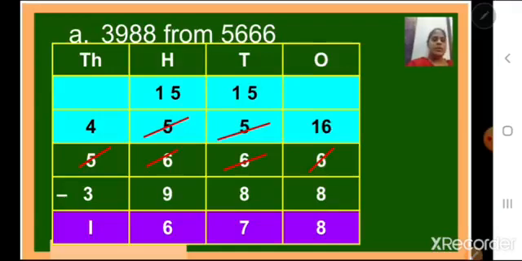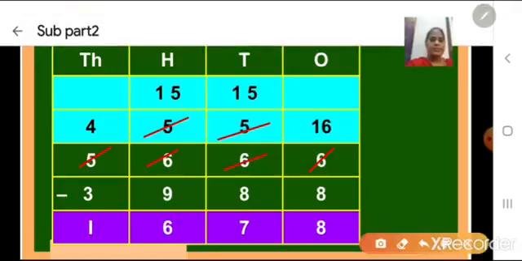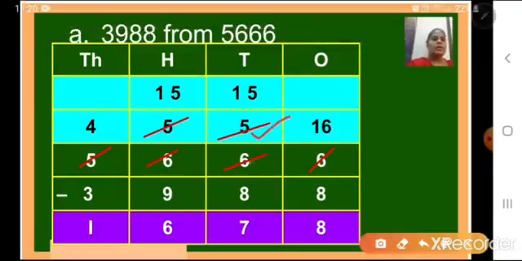So 6 will go to tens place and will borrow 1. So 6 minus 1 is 5. Okay, note it down. Then 6 will become 16. Now, 16 minus 8 is possible. 16 minus 8 is 8.